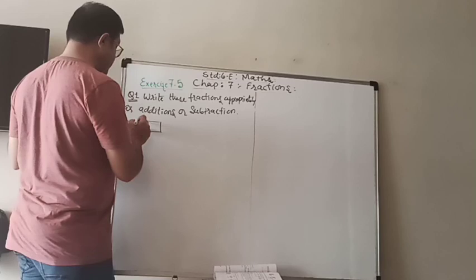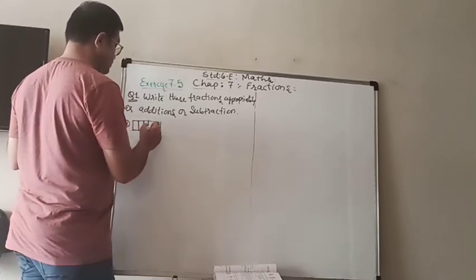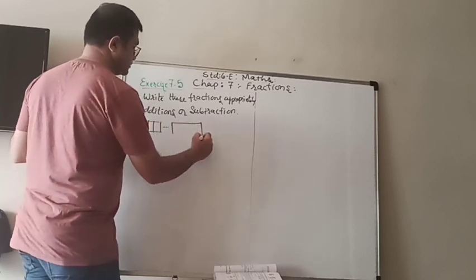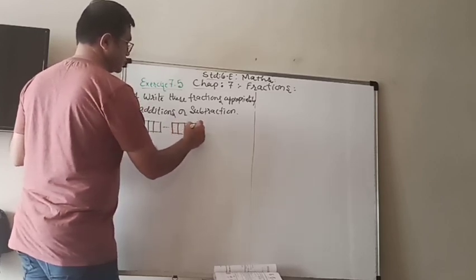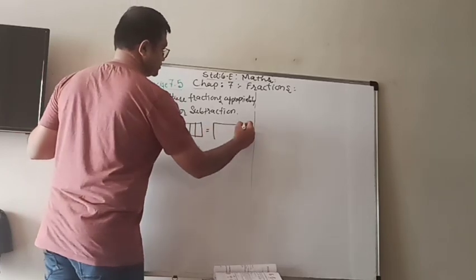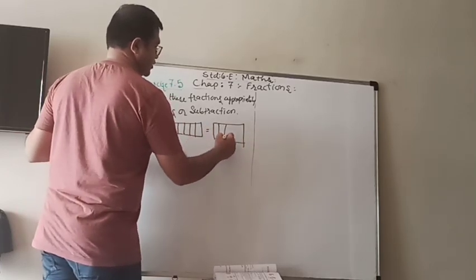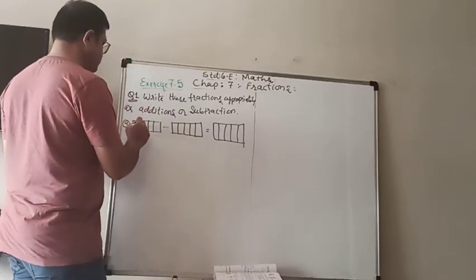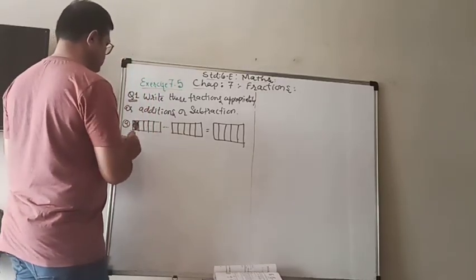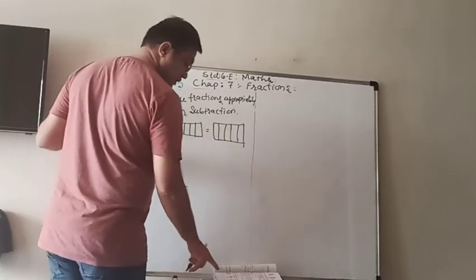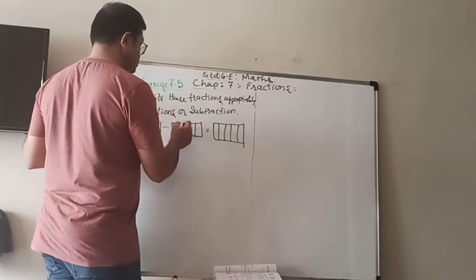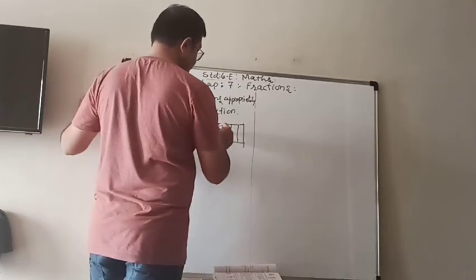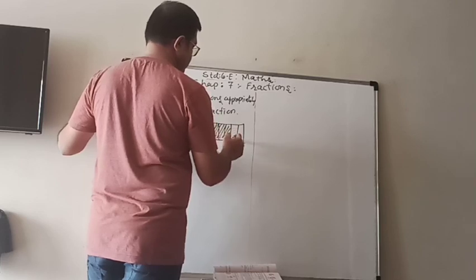1, 2, 3, 4 and 5. 5 parts are done, then blank, and again 5 parts. Now here one part is shaded, in the other 2 parts are shaded, and here 3 parts are shaded.